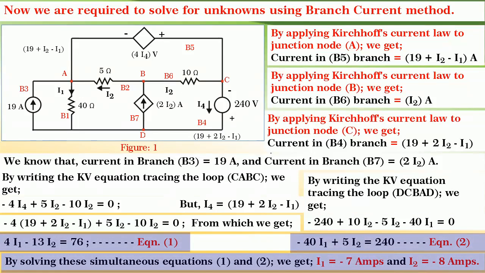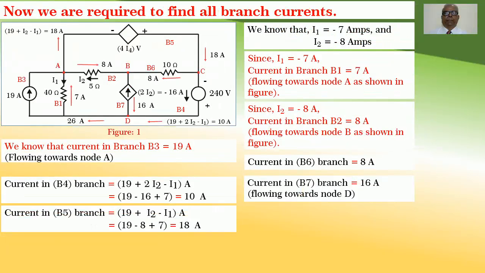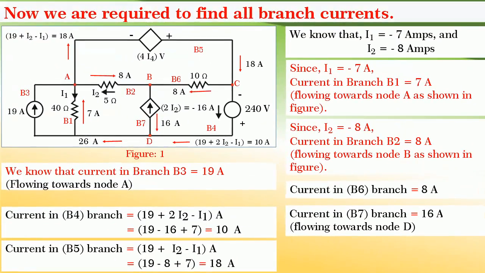By solving these two simultaneous equations 1 and 2, we get I1 equal to minus 7 amperes and I2 equal to minus 8 amperes. Friends, we are required to find all the branch currents and we know that I1 is equal to minus 7 amperes and hence the true current will flow towards A.